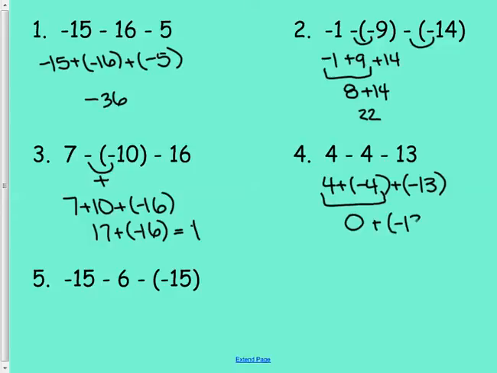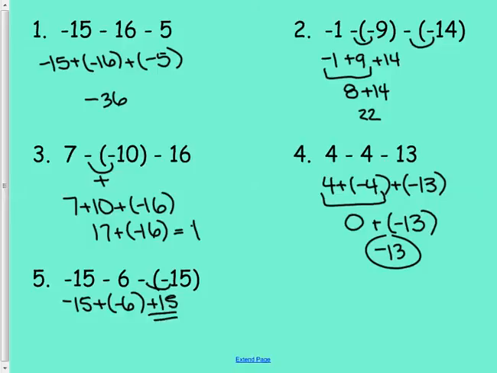So plus negative 13 gives us negative 13. And lastly, negative 15 plus a negative 6, and then a not, so plus 15. This one and this one are inverses, so they cancel each other out. And then all we're left with is negative 6.